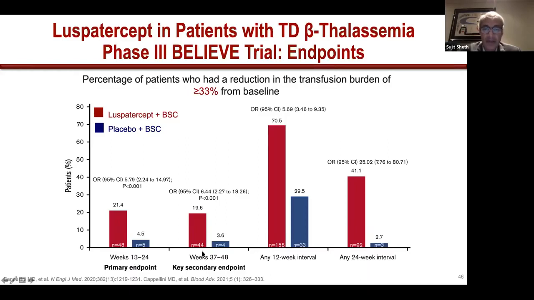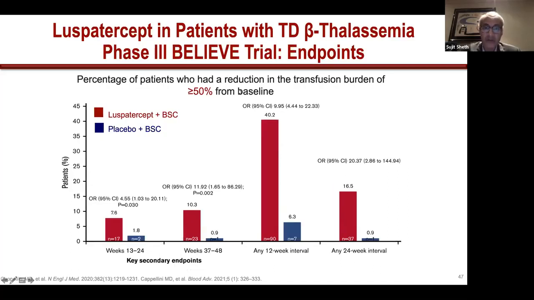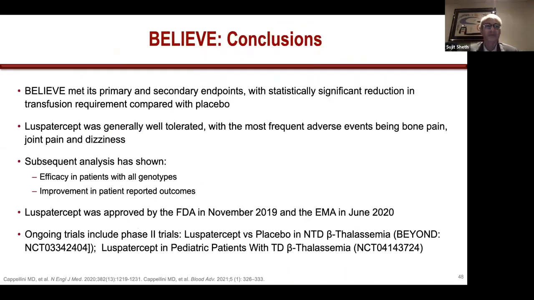The secondary endpoints were looking to see if you had transfusion reduction in weeks 37 to 48, any 12-week period, any 24-week period of 33%, or 50%. And as you can see from these graphs, both the primary and all of the secondary endpoints were met with statistical significance comparing luspatercept to placebo.